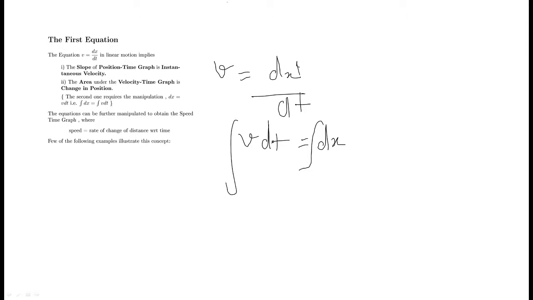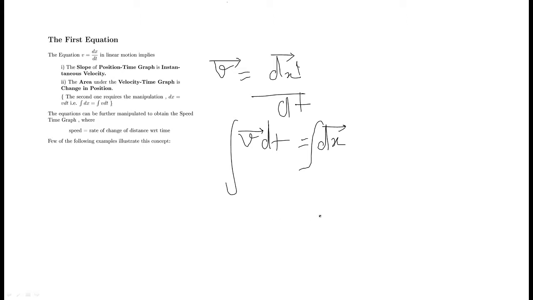Now this can be further extended to the average case, average speed. Speed is the rate of change of distance with respect to time. While v is a vector quantity, and here this is also a vector, when we deal with speed, it is the rate of change of distance with respect to time.